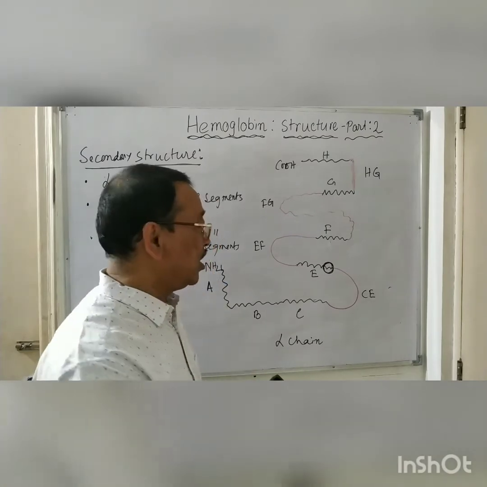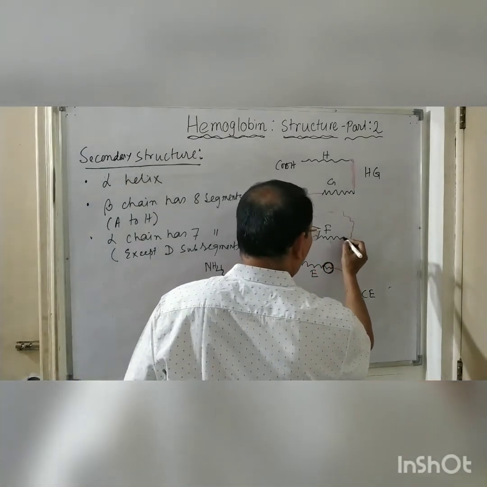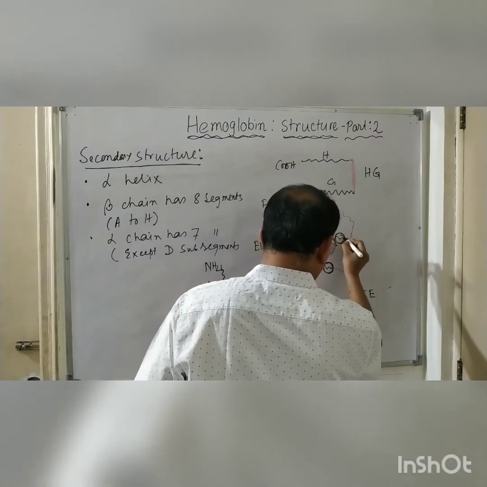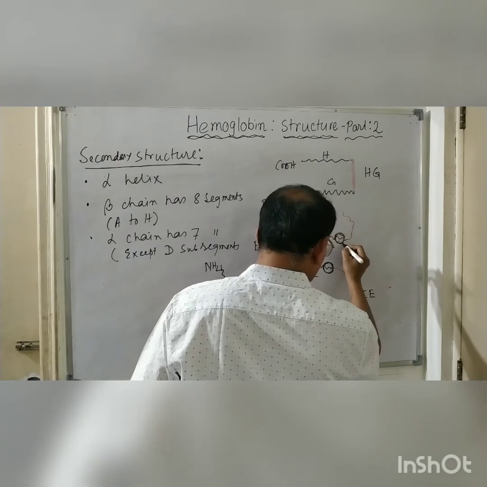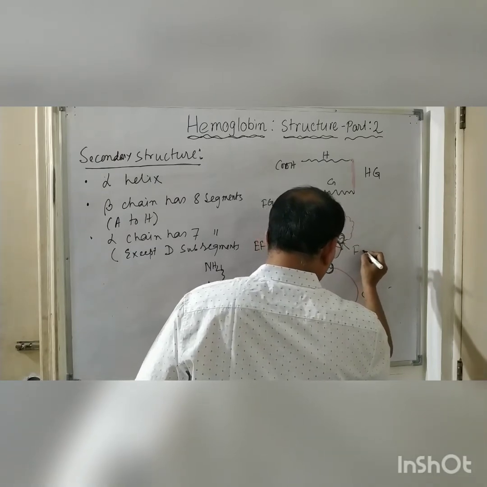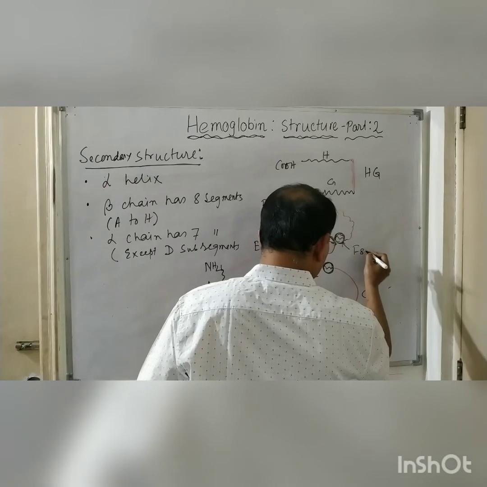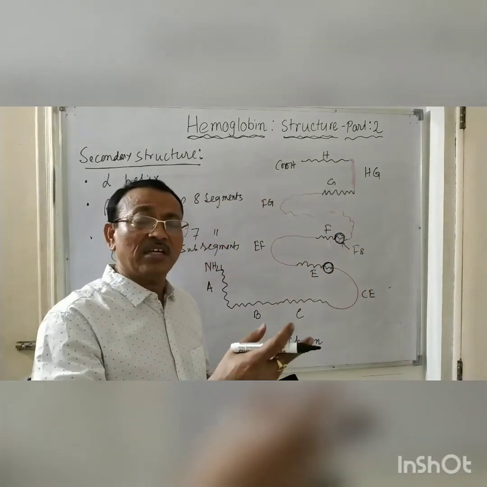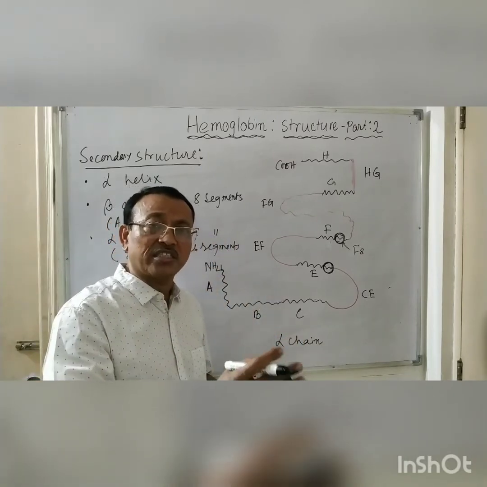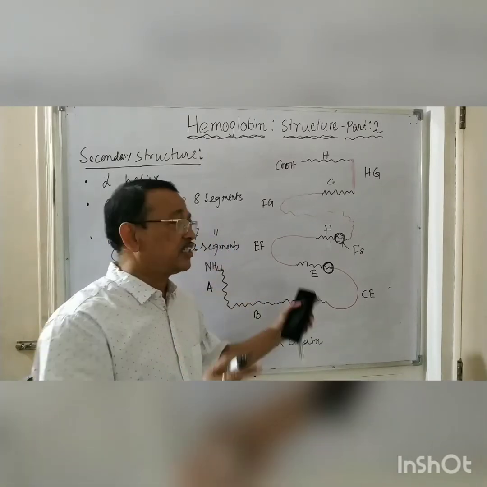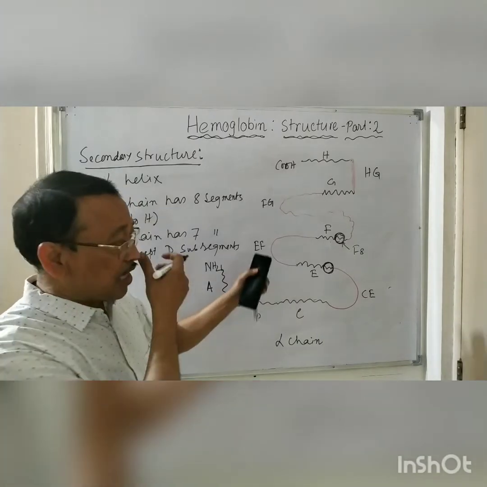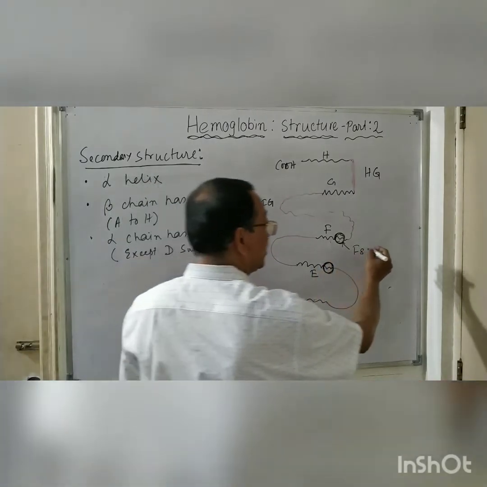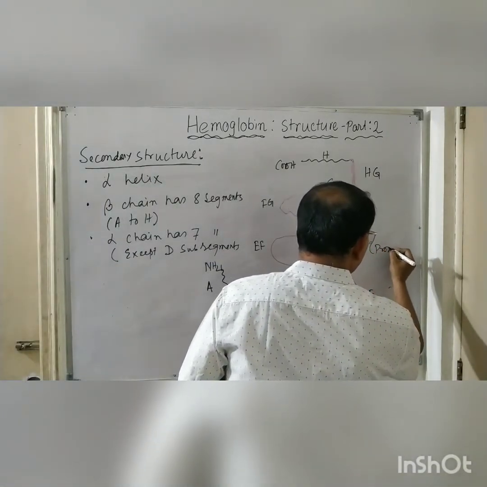Now, out of these 36 histidine residues, in case of the alpha chain, the 58th residue of the F helix is known as the proximal histidine, or F8. In case of the beta chain, it is the 63rd histidine residue that is known as the F8 or proximal histidine.